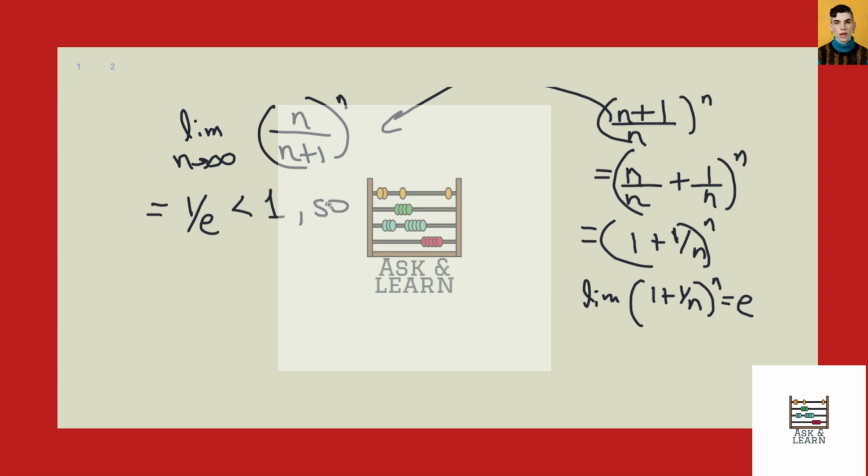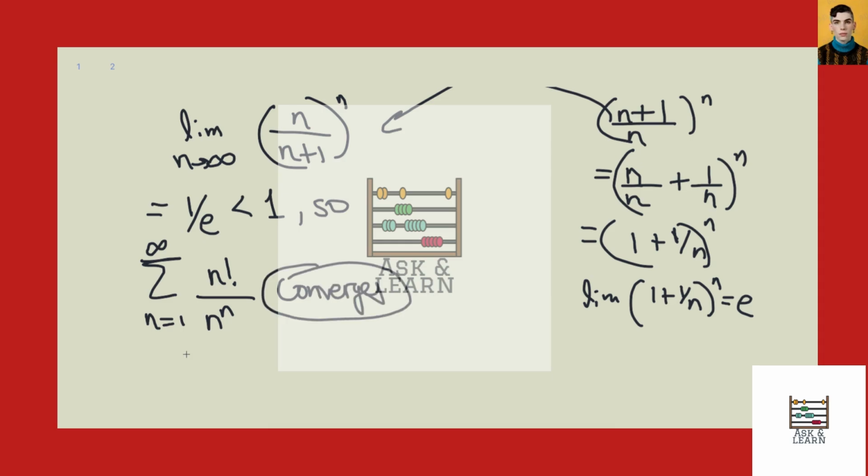So we can conclude that the original series, the sum from 1 to infinity of n factorial over n to the n, converges by the ratio test. And that's our final answer.